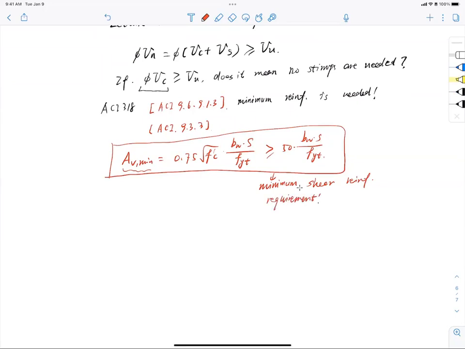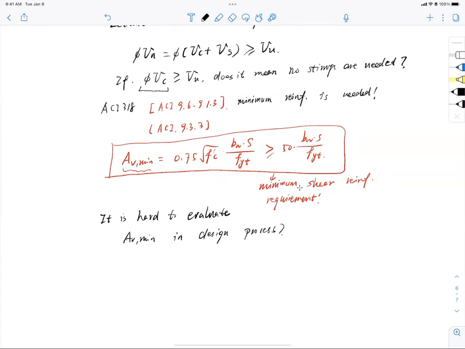But this also does not mean you just check your reinforcement against this. Why? Because in the design process, it is hard to evaluate Av,min. Why, Bob?